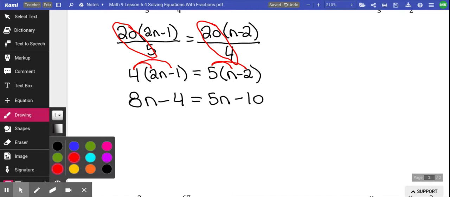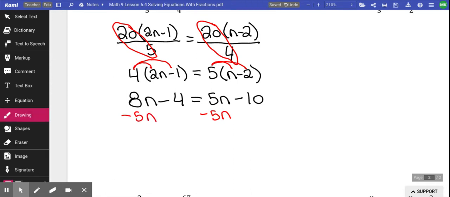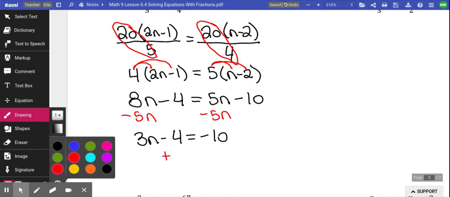This is now a question that's straight out of lesson 6.3. So to solve this, I move the 5 n's from the right side to the left side. So all my n's are on one side, giving me 3n minus 4 equals negative 10. Then I'm going to add 4 to both sides, which gives me 3n equals negative 6.